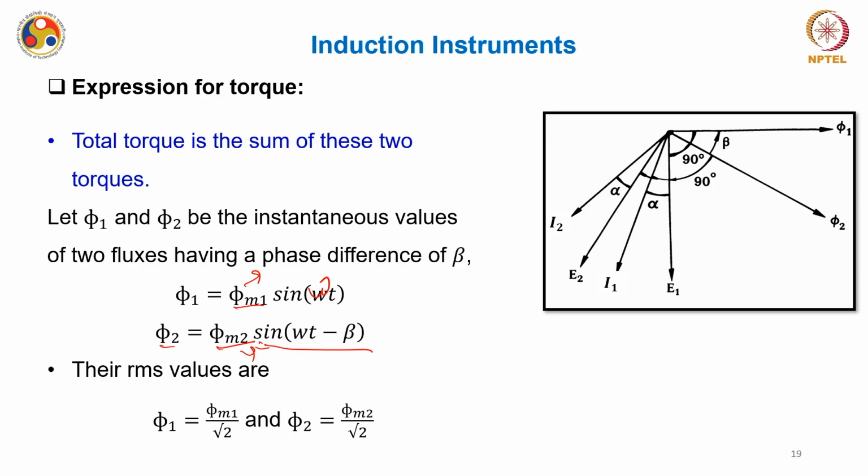Now, because both are sine signals, I can write their RMS values: phi 1 is equal to phi m1 by root 2, and phi 2 is equal to phi m2 by root 2.